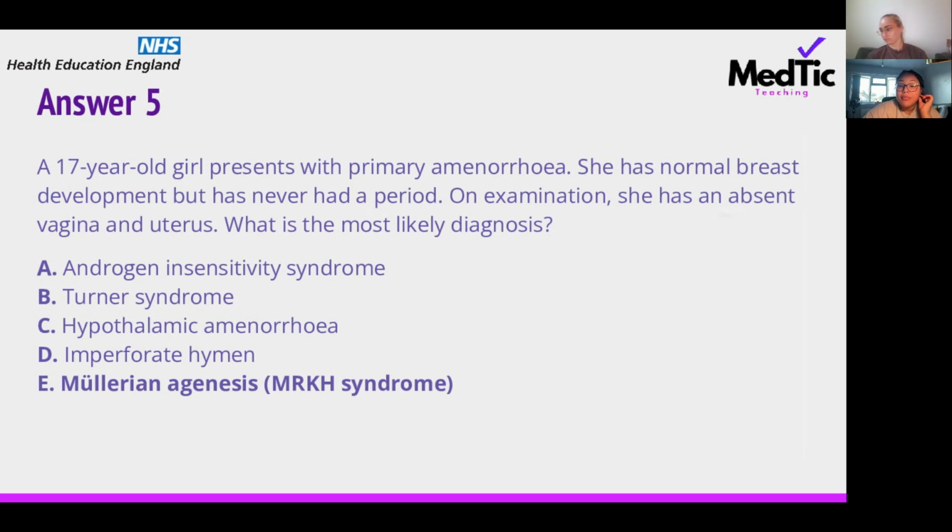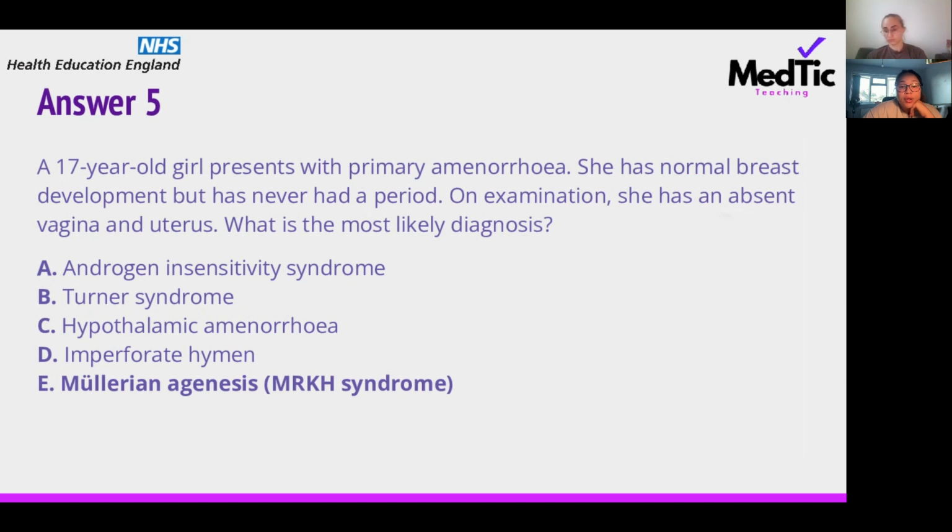Especially with C, at the extreme it could lead to a safeguarding issue, especially if you've got a teenager who is very low weight. It might be safeguarding from the parents' point of view, or they might be exhibiting mental health issues. That's something to be aware of in OSCEs, and other considerations in terms of further advice.